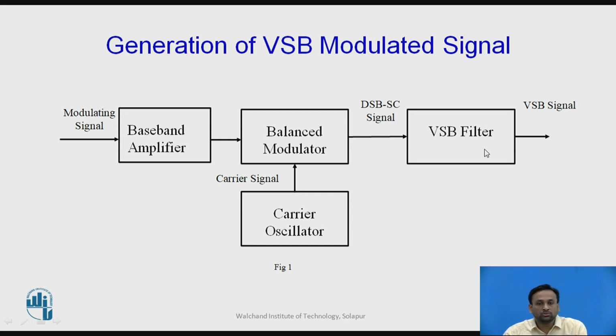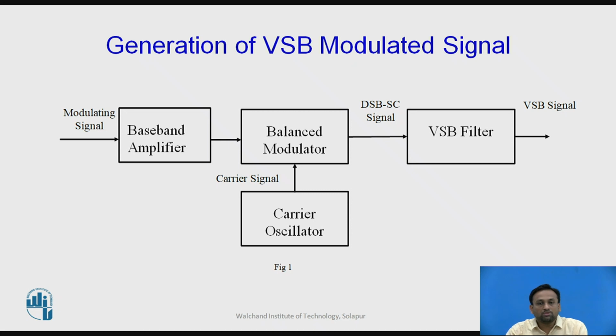It's like a low pass filter and a high pass filter. In a low pass filter only low frequencies are transmitted and other frequencies are blocked. In the same manner, only those frequencies we want to pass for the second sideband are allowed to transmit and all others are blocked. In this manner we generate a VSB signal for the transmission of a TV signal.